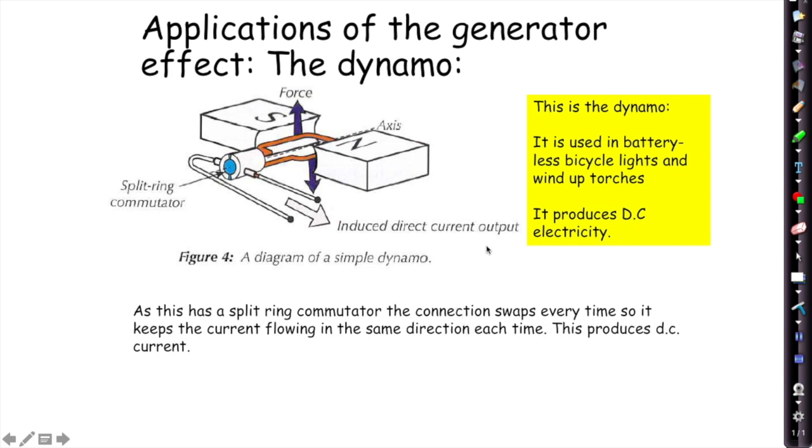So the dynamo then. The dynamo is used in batteryless bicycle lights and maybe wind-up torches as well, and it produces DC electricity. So this has got a split ring commutator, which is just a device used so that as the coil flips over, it doesn't let the current go back through the other way. The connection swaps every time, so it keeps the current flowing in the same direction each time.